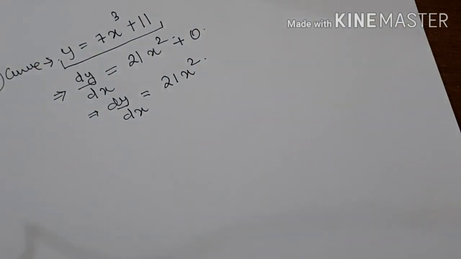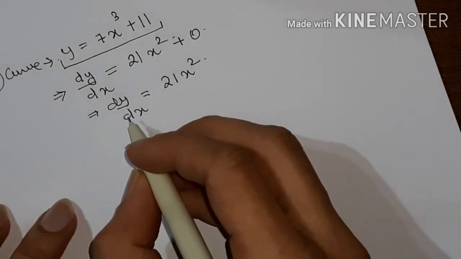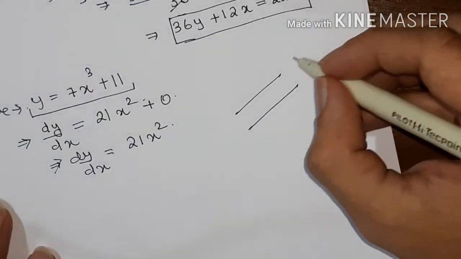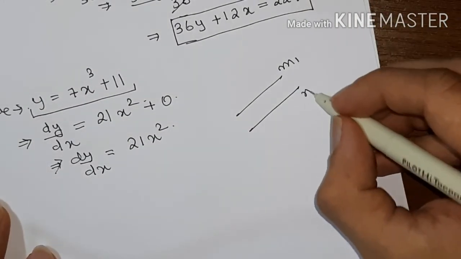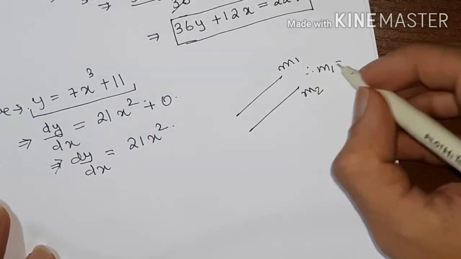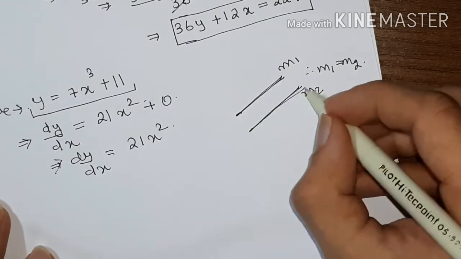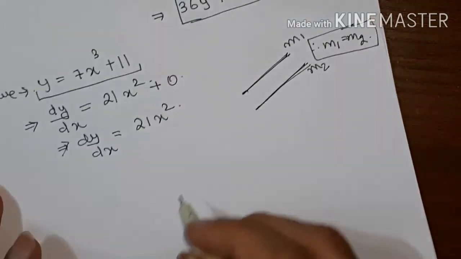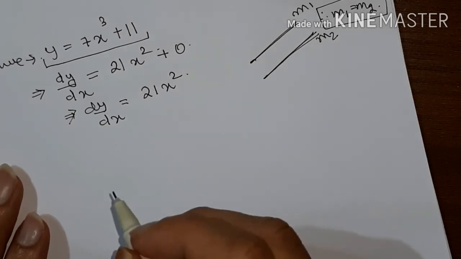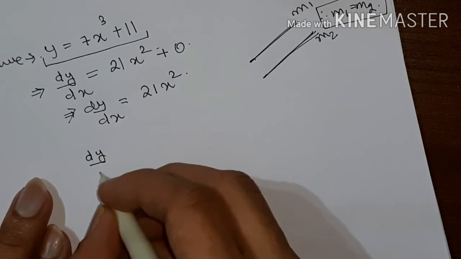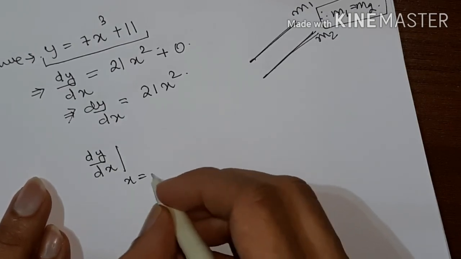Now since we have to show that the tangents are parallel, okay, at the 2 points x equal to 2 and x equal to minus 2, how to show that the tangents are parallel? Okay, the slopes m1 and m2 will be equal, right? Two tangents are parallel to each other if their slopes are equal. Okay, so what we have to do is find the slopes at the point which are given. So dy by dx at x equal to 2 we have to find.